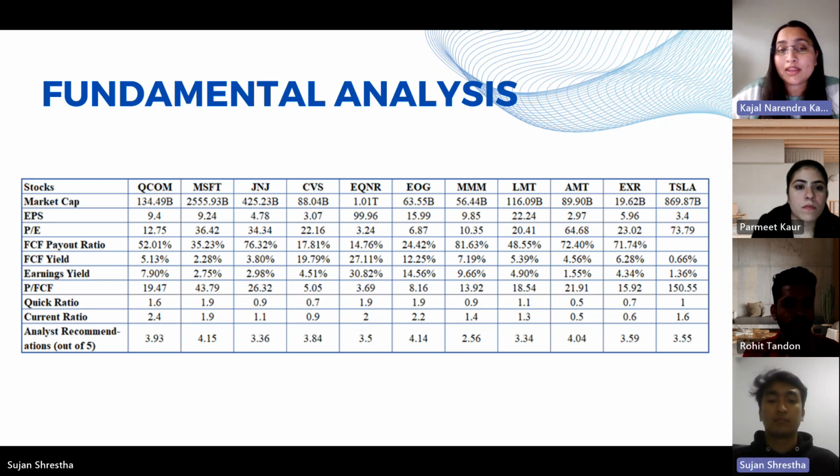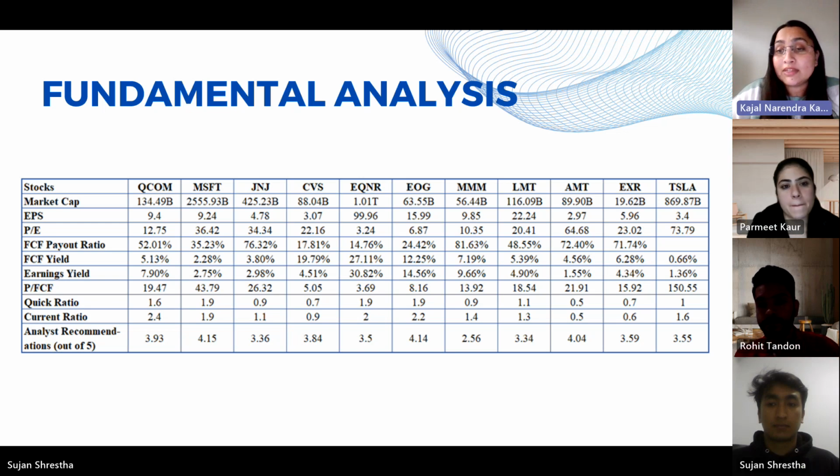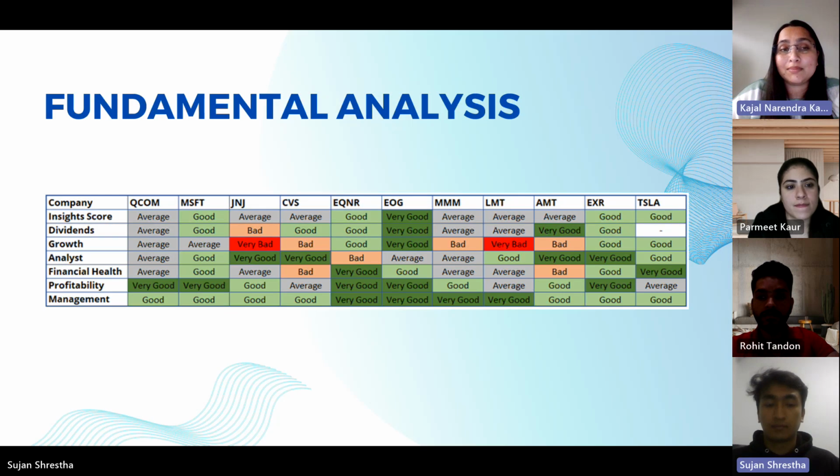These are the recommendations out of five for the mentioned stocks which are recommended by the analyst, and all this helps us to analyze the stock, and in the long term it tells us whether we should hold the stock or not, and what amount of certainty we have to earn the profit. And on the next slide we have mentioned some insight scores. Next slide, please.